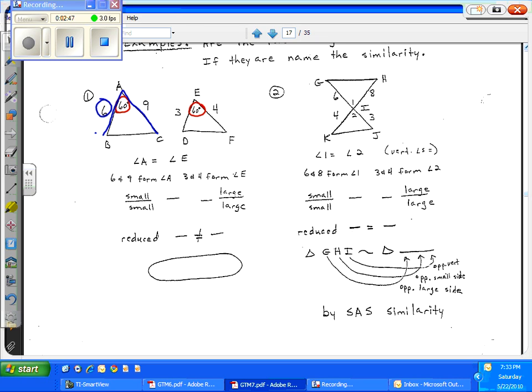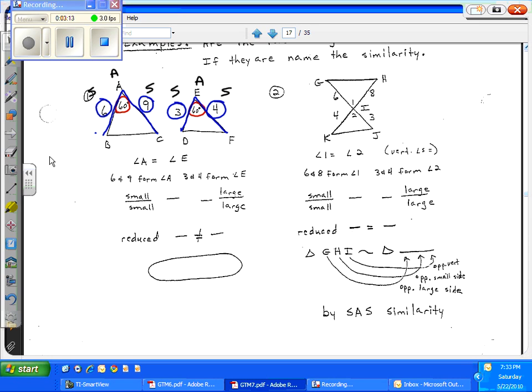One is 6, one is 9. We have the sides that form this angle. So an angle of one triangle equal an angle of another, and we're looking at the sides that form that angle. We're going to be seeing side, very next angle, very next side.